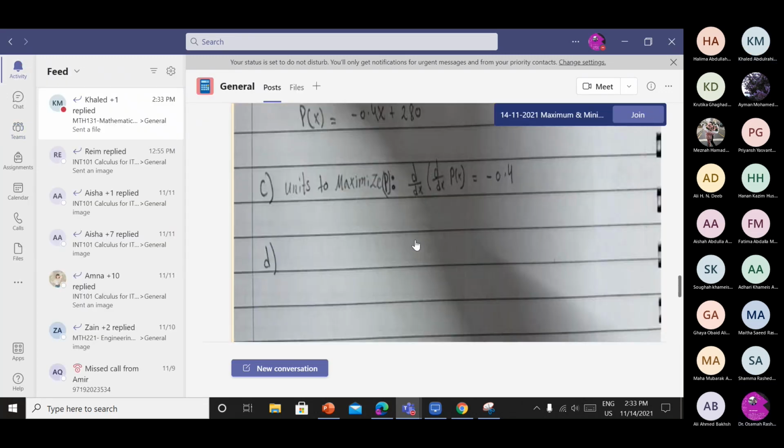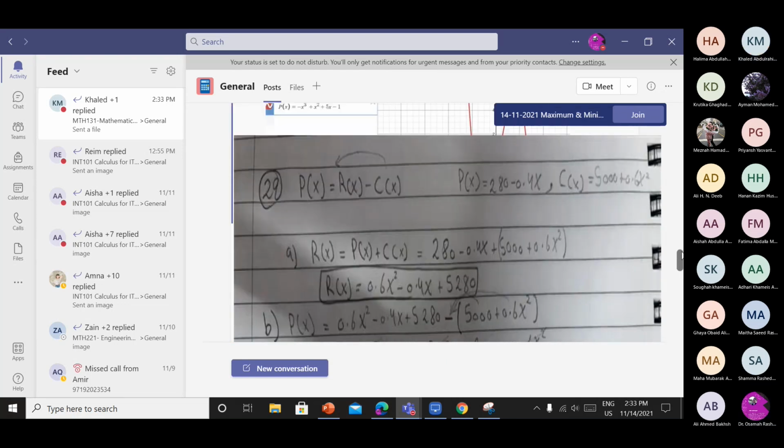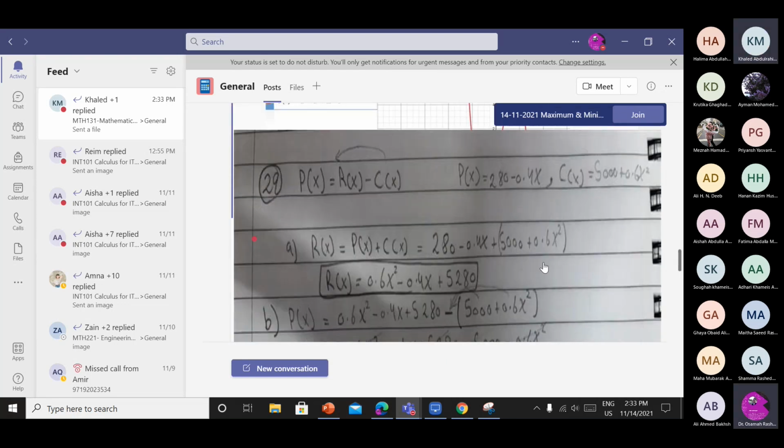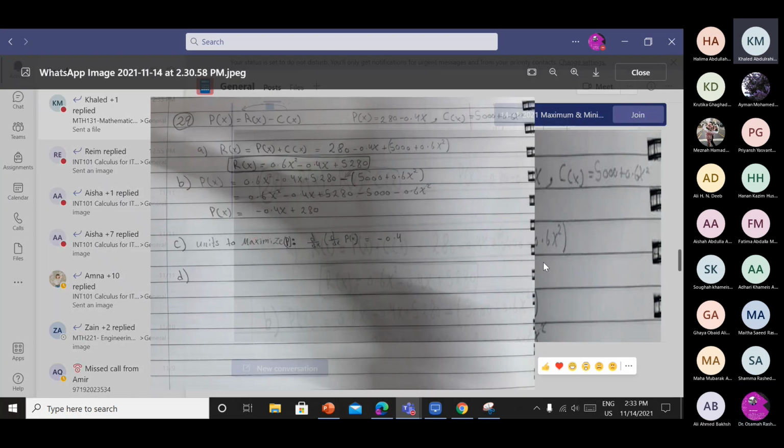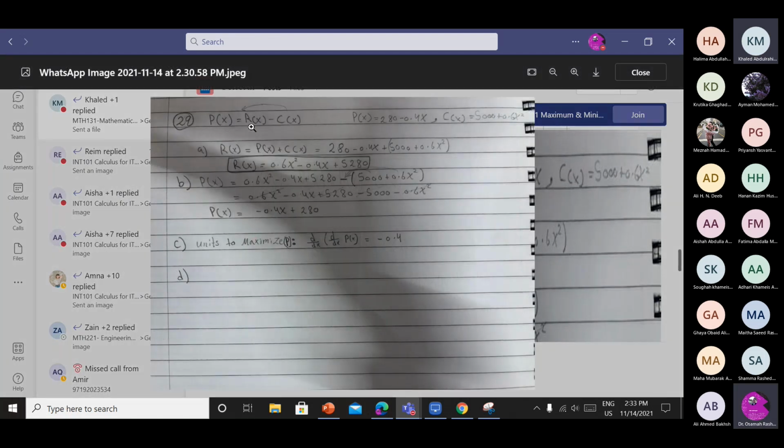No problem. This is number what? 29, right? And 29, b of x, r of x minus c of x. Why are you writing p twice? This is r, not p. No, doctor, in 29, P is given.